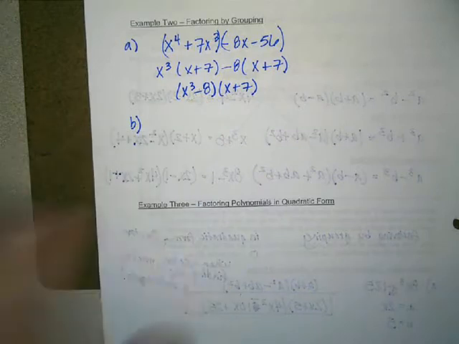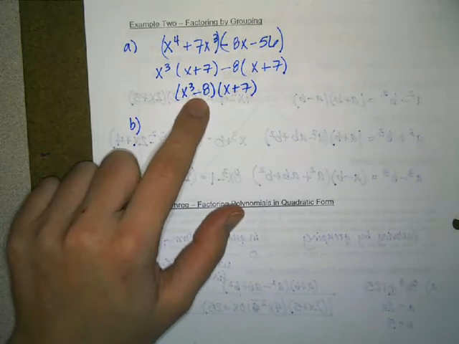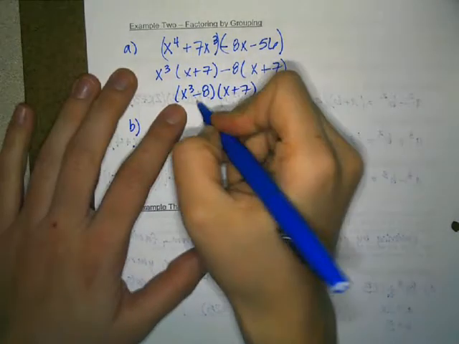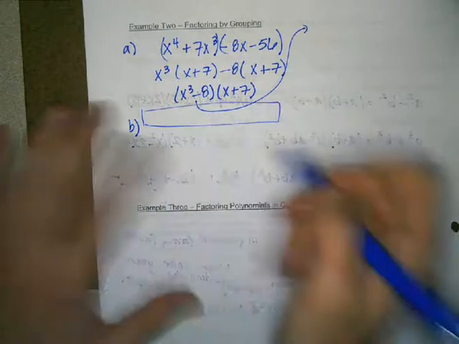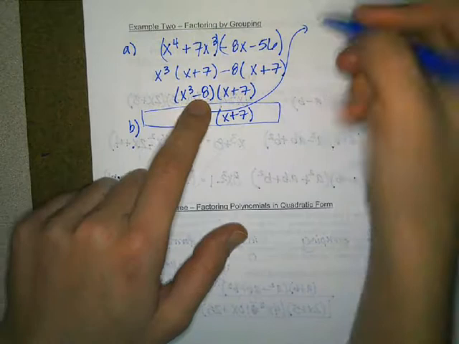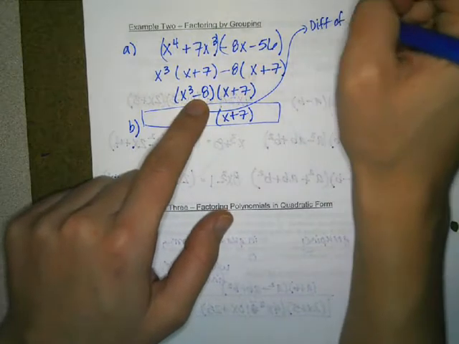And actually, in this case, we can, because you have x cubed minus 8. That's a difference of cubes. So I'm going to factor this one over here and then write my final answer underneath. I know that x plus 7 is part of that final answer. X cubed minus 8 is a difference of cubes.